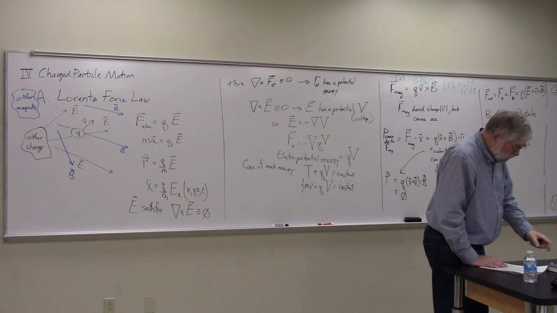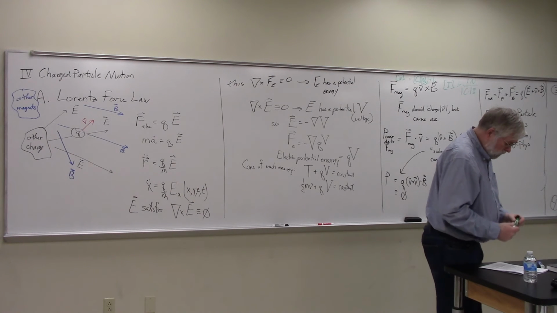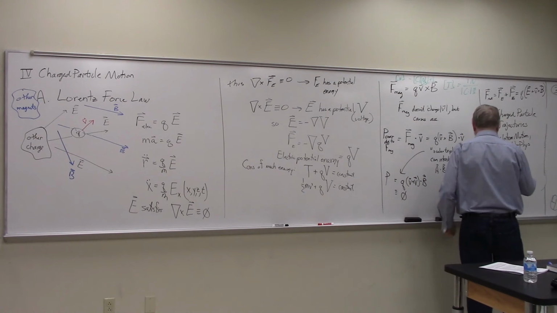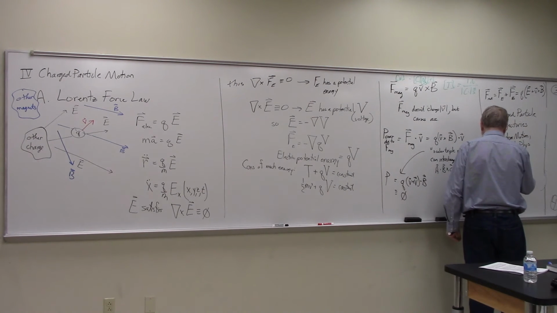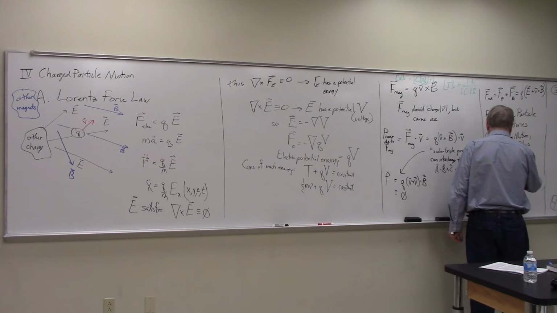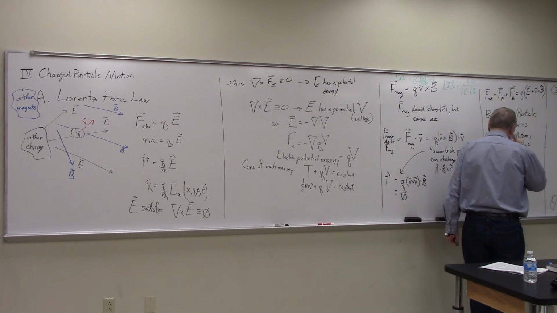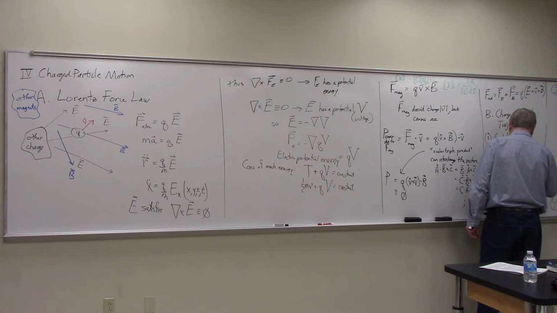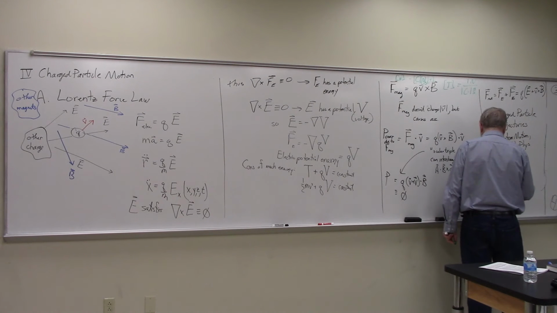Let's say I have a charge for the velocity. I don't know why I chose green, let's just hit green. And let's put it in the y direction. And we have a B field.